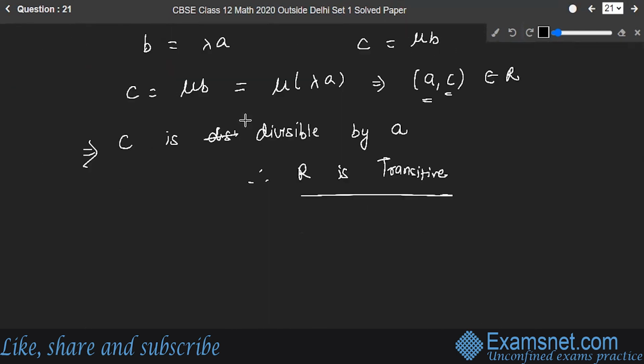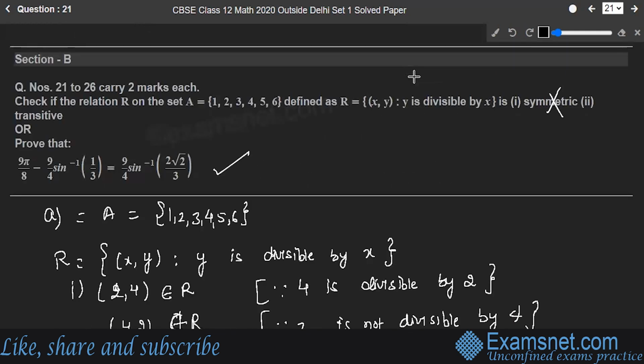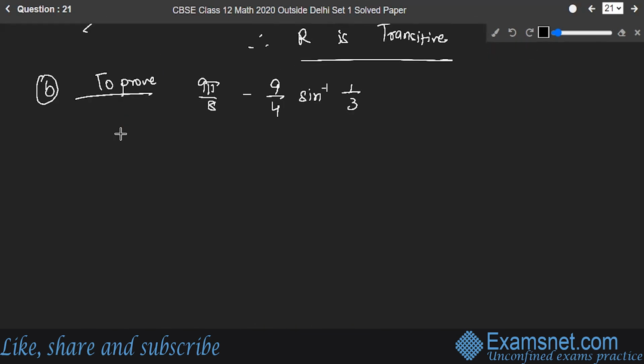Let's write down the statement first: 9π/8 − (9/4) sin⁻¹(1/3) = (9/4) sin⁻¹(2√2/3). This is to prove. Now let's go towards the proof.